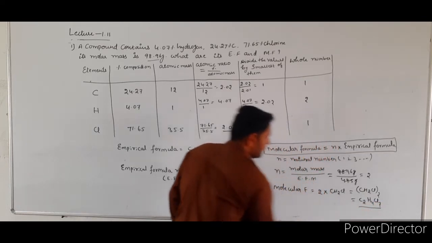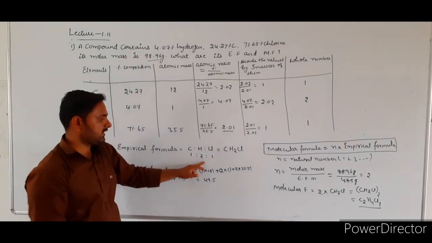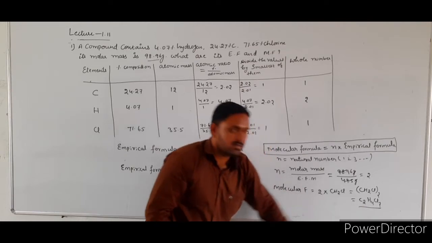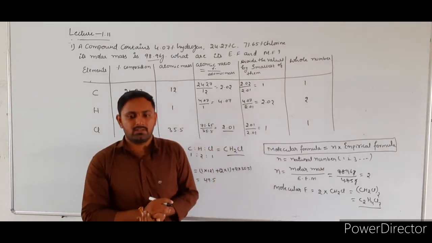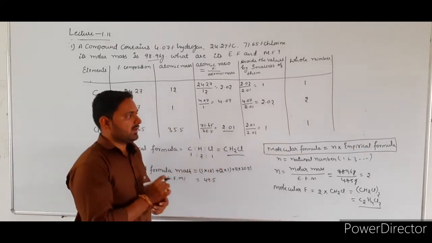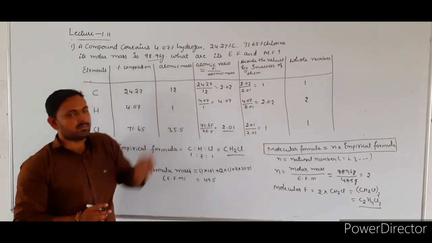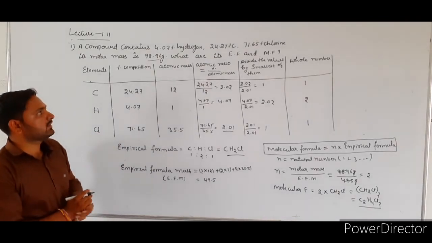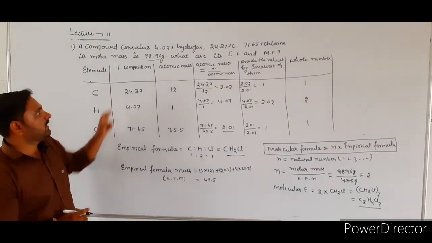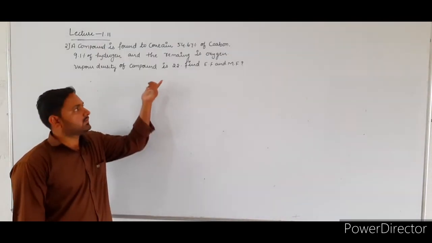This is the molecular formula of this compound: C2H4Cl2. This is the empirical formula, and this is the molecular formula. In this way you have to find the empirical and molecular formula by using the percentage composition of elements and molar mass of the compound. The next numerical.